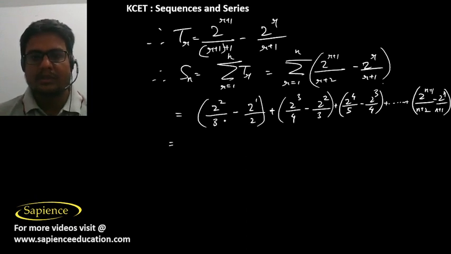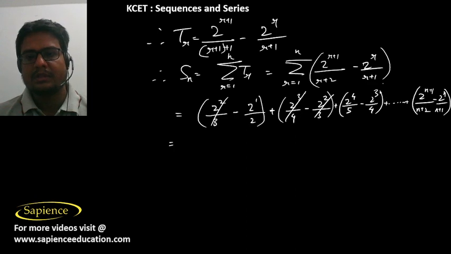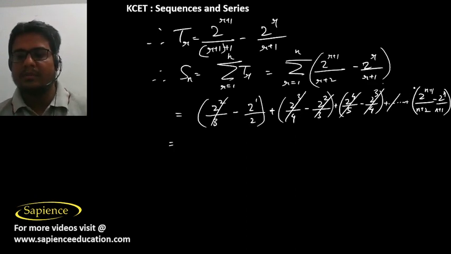So here we can see that all these terms are getting cancelled. In the nth term, we will get 2 power n by n plus 1 minus 2 power n minus 1 by n.